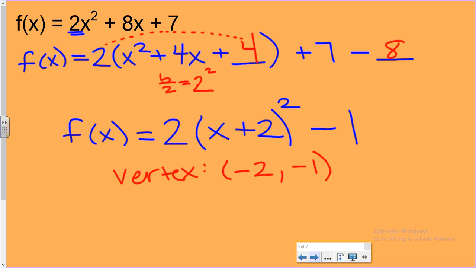You can also think of this as a shift to the left 2, so we're going in the negative direction 2. Negative 2, negative 1. I'm going to abbreviate axis of symmetry, AOS. Axis of symmetry, that's a lot of letters to write up here. Liam, what do I want to see? x equals negative 2. Perfect. x equals negative 2.